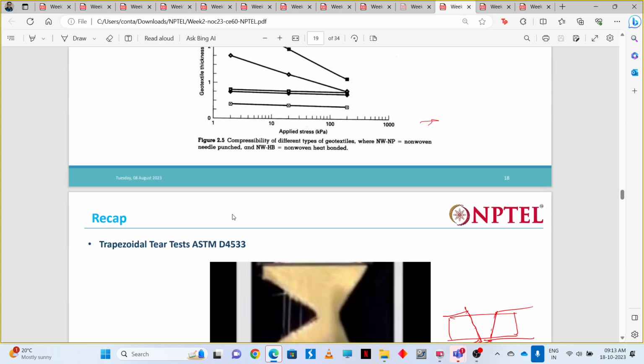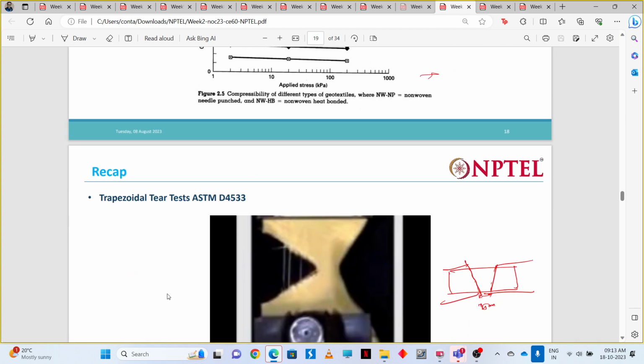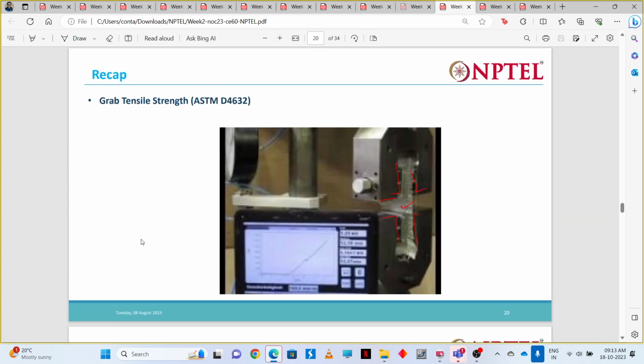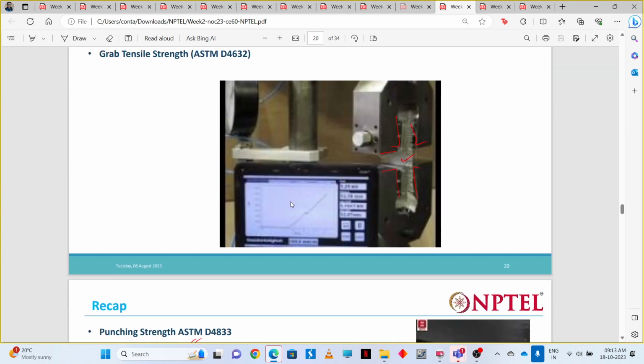Then how to do the test, this strip tensile test. These tests we saw to find out the strength of the geosynthetics. We saw this video on how. Then the grab tensile strength. These two tests are actually very important: the trapezoidal test and this grab tensile strength test.